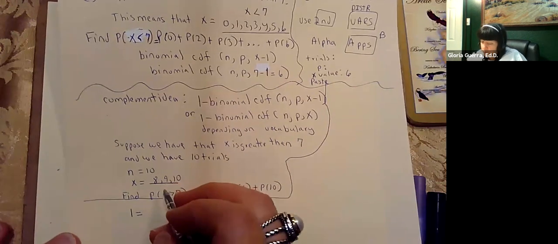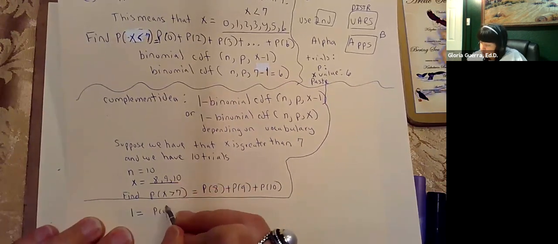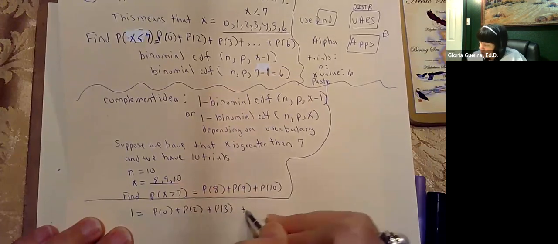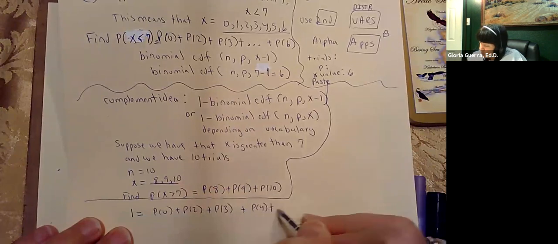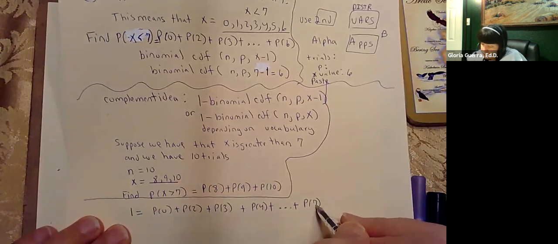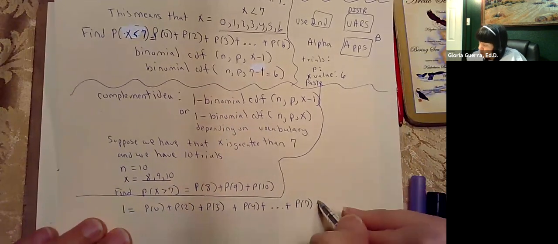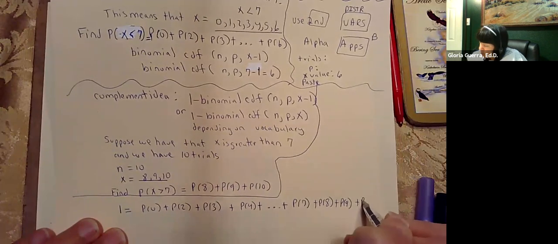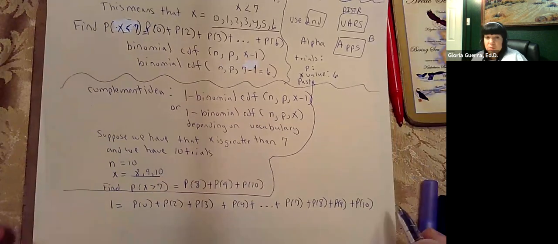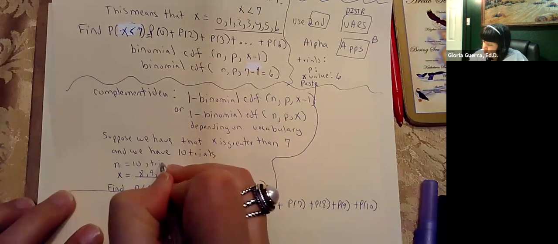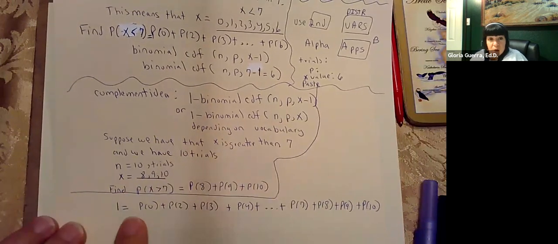So here what we have, 1 is equal to probability of 0 plus probability of 1 plus probability of 2 plus probability of 3 plus probability of 4 plus dot dot dot all the way to probability of 7 plus probability of 8 plus probability of 9 plus probability of 10, because there were 10 trials. Remember, n has to do with your trials, and there was 10 of them.